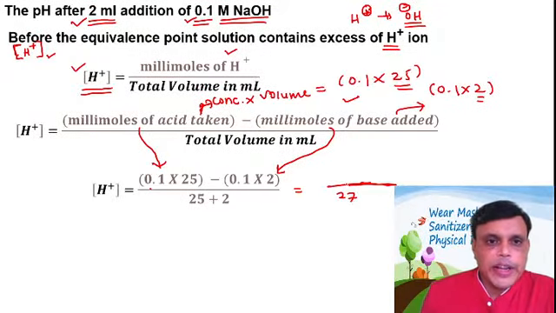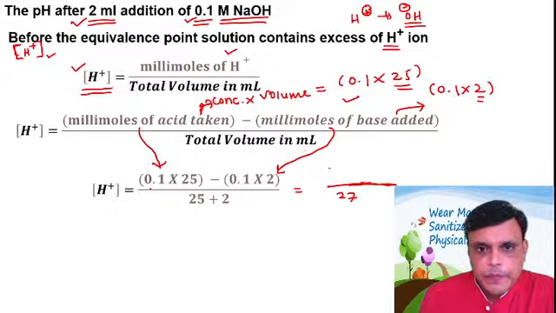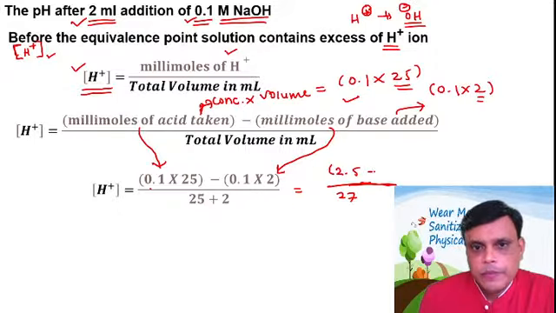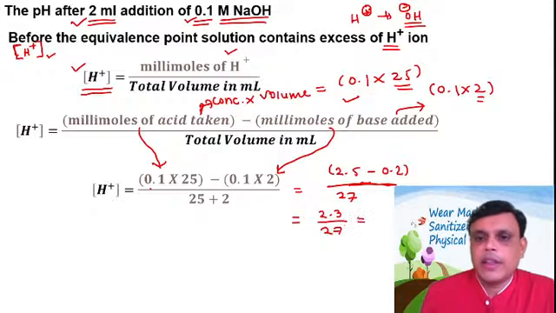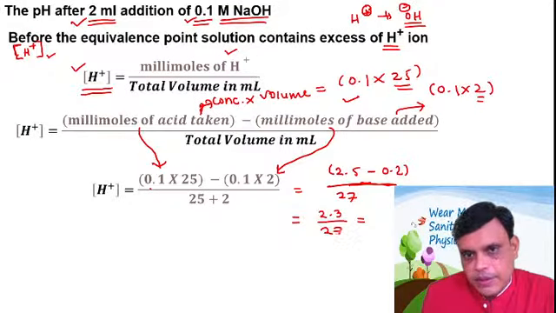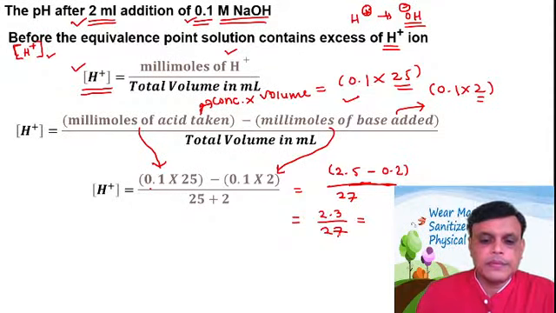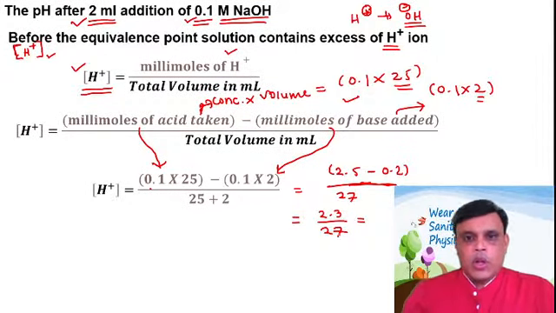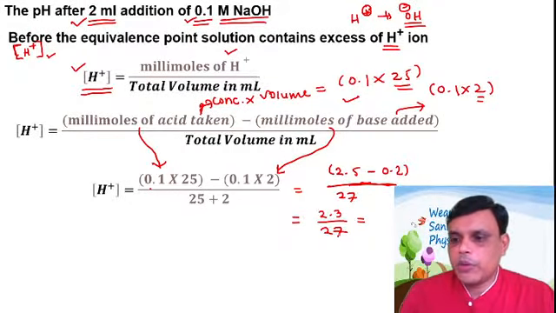So here 0.1 into 25 will become 2.5, and 0.1 into 2 will become 0.2. So 2.5 minus 0.2 is 2.3, divided by 27.